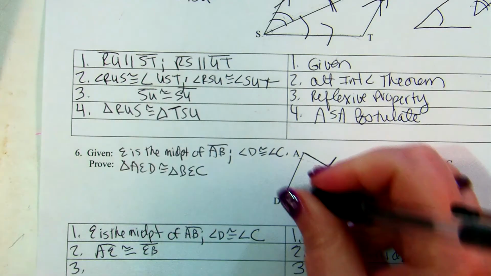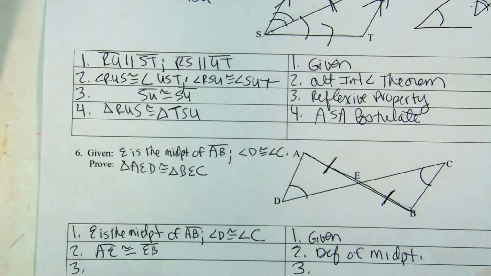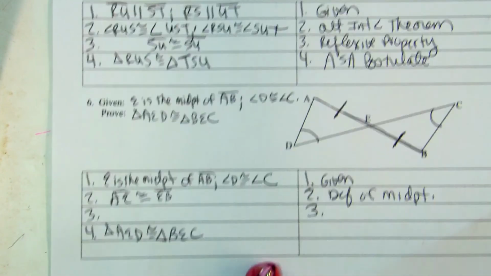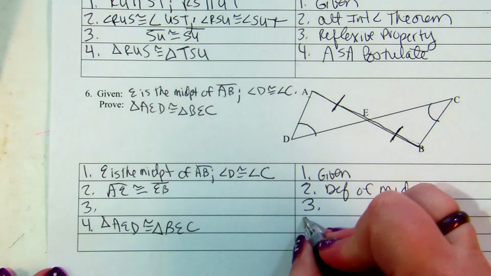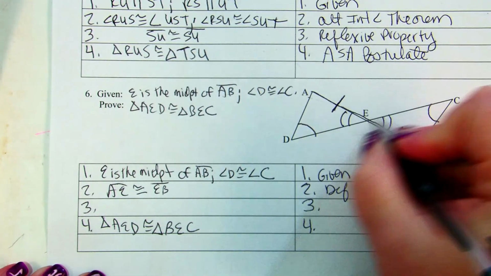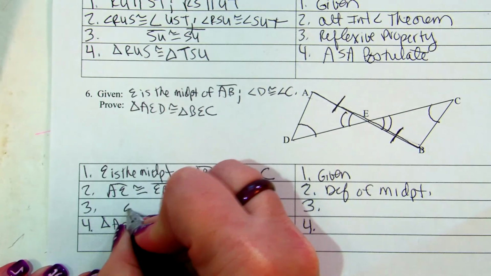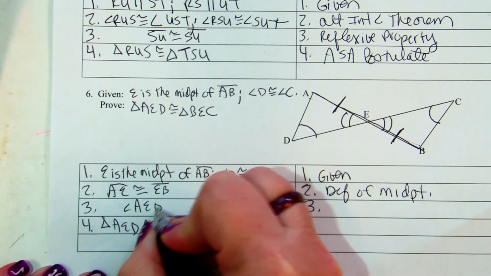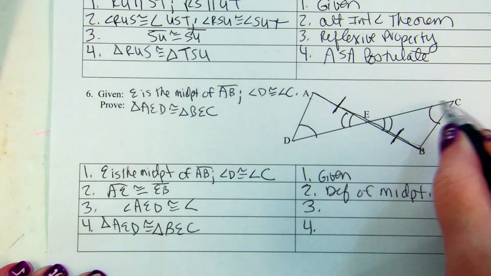And it says angle D is congruent to angle C. And then we can mark some angles congruent. Does anybody see any angles that we can mark congruent automatically? How about the vertical angles because of the X? Angle AED is congruent to angle BEC.